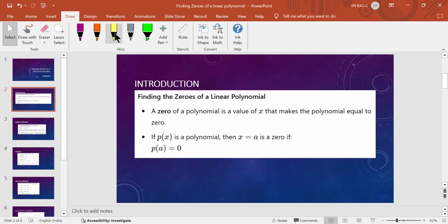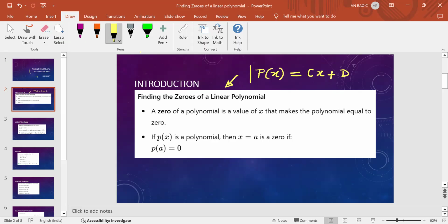First of all, let me make it clear what a linear polynomial is. A linear polynomial is one whose degree is 1. That means if p of x is the polynomial, it can be written as p of x is equal to some constant times x plus some other constant.